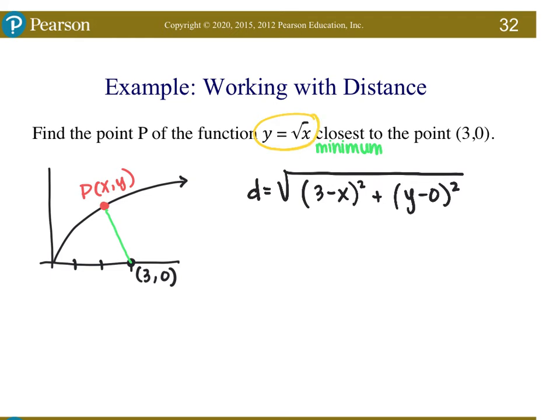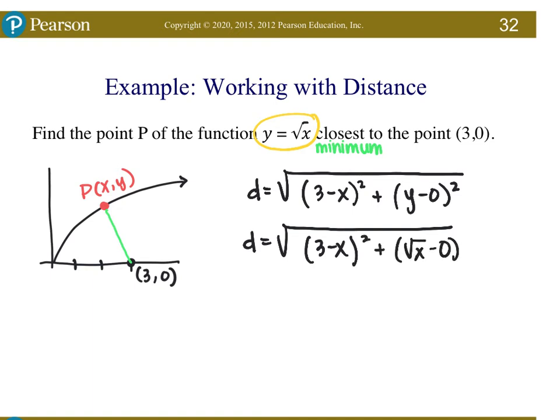I can replace y with the square root of x. So d is the square root of the quantity 3 minus x squared plus the square root of x minus 0, quantity squared. And that is what I want to find the minimum of. So there I'm going to do my math 8 again to that expression.